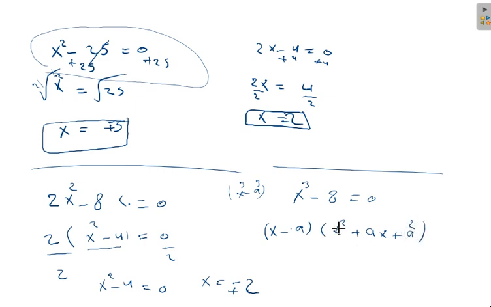When we factorize, we will get this second term, which can only have imaginary or unreal solutions containing i.